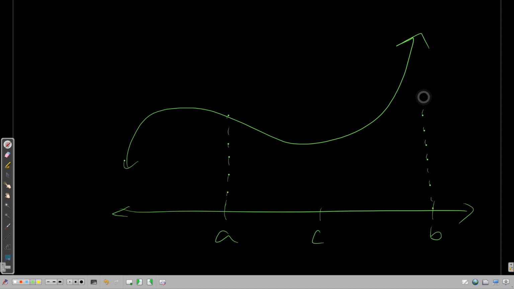Then it's like I'm limiting my function's domain to be somewhere in here. And as you can see, one of those dots is higher than all the rest, and one of those dots is lower than all the rest. Right?